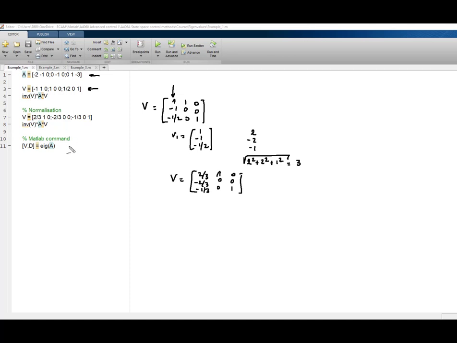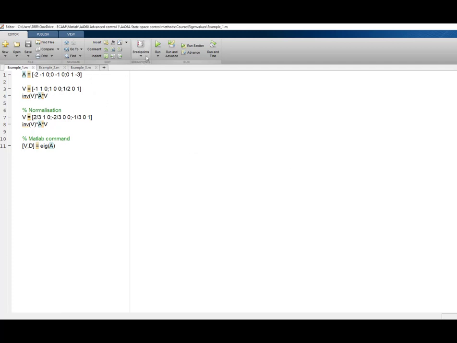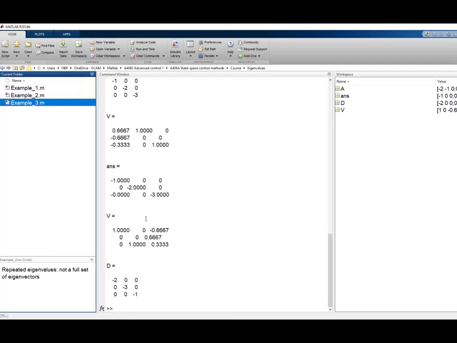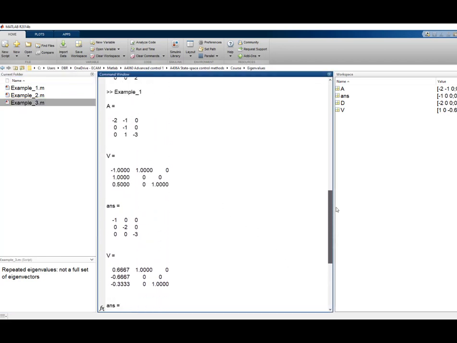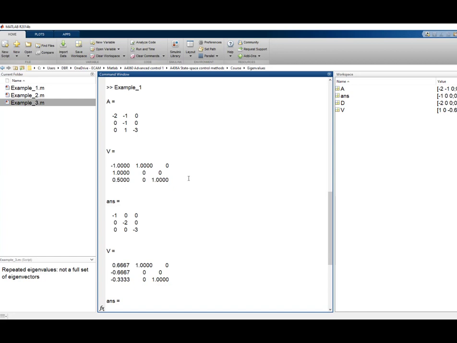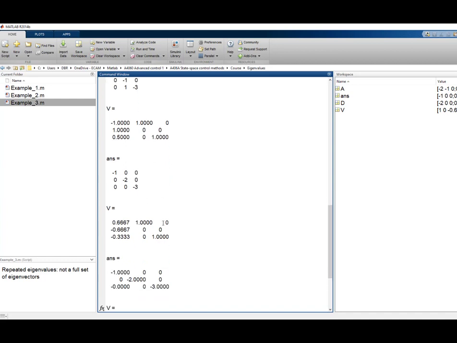And this is actually the command here in MATLAB, and MATLAB will generate this matrix over here. So let's run this code and have a look in MATLAB. So this is the matrix. This is the initial matrix V that we have found in the exercise, and indeed if we compute V^-1 A V, this is what we obtain.